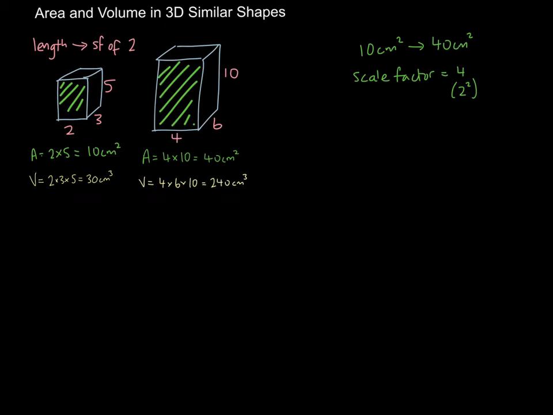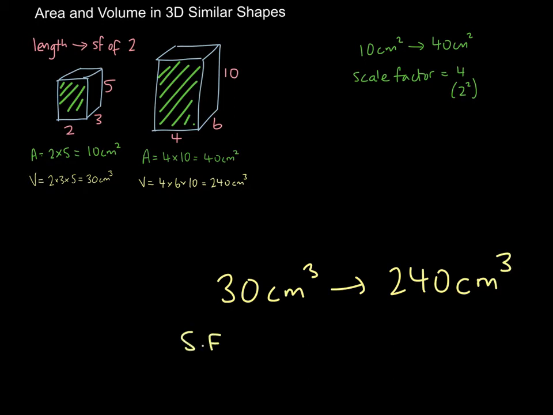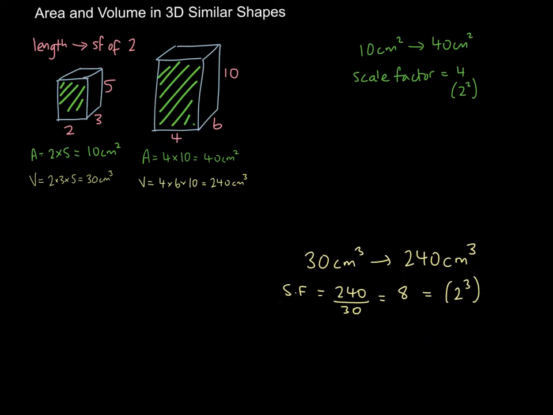So now I want to compare the volumes, 240 and 30, to work out the scale factor of the volume. You might have already guessed what the scale factor is going to be, or worked it out yourself by now. I'm just going to do 240 divided by 30 to get my scale factor. If you work that out, you'll notice that the scale factor is 8, or 2 cubed. So it's the scale factor of the length cubed.